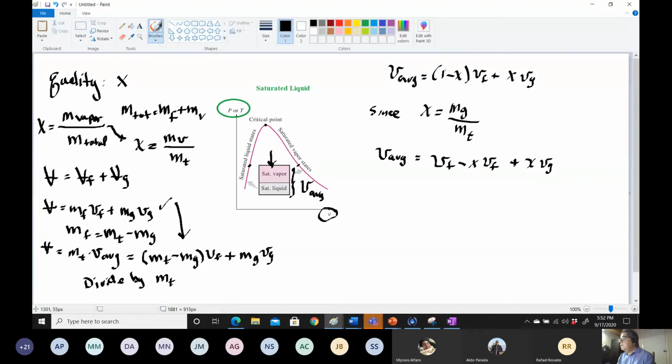So that's just multiplying 1 minus x through. And then finally we got V_f, and if we group the x's back, we say plus x times (V_g minus V_f).